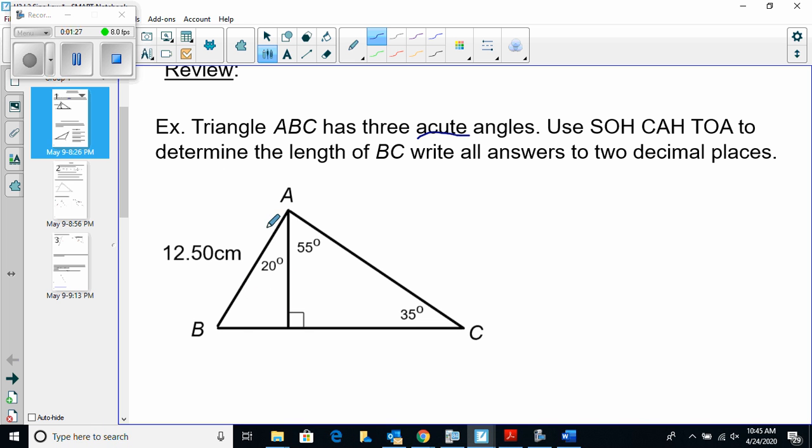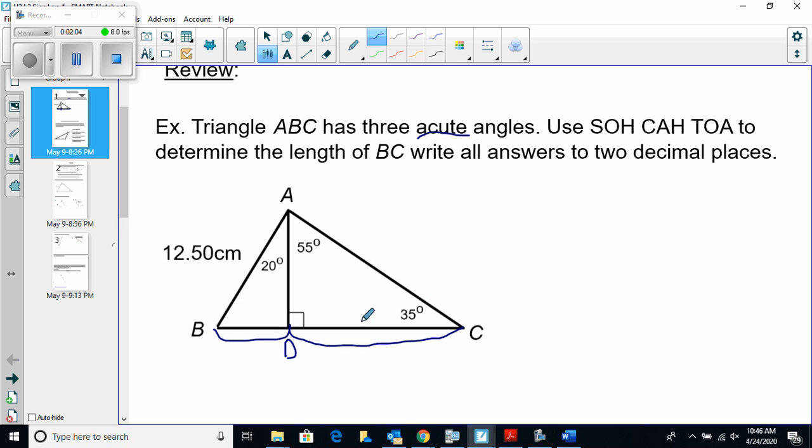Now, when we focus on what we are looking for, which is BC, then we can say that BC is equal to this segment here plus this segment here. For simplicity, we will label the vertex of the 90-degree angle as letter D, let's say.